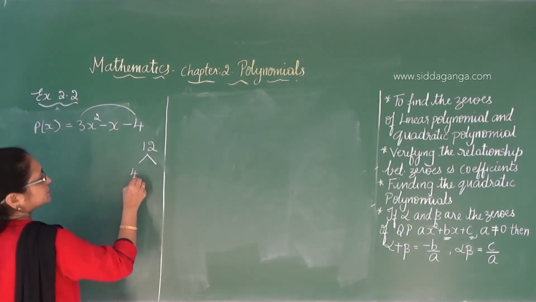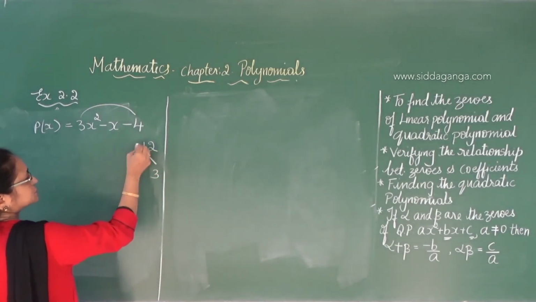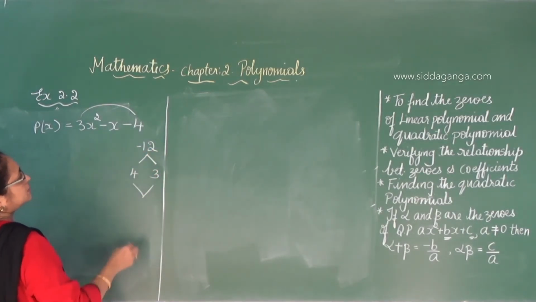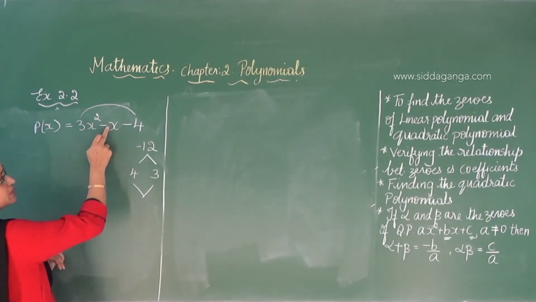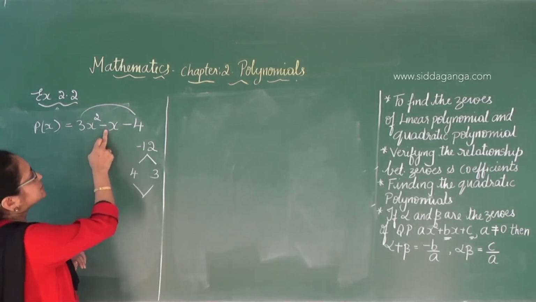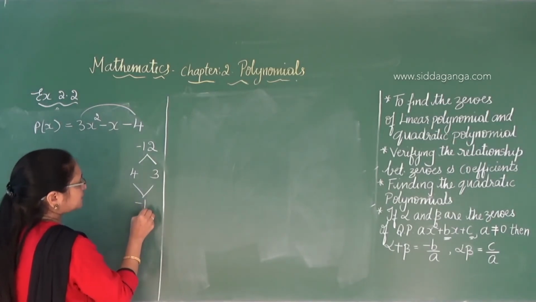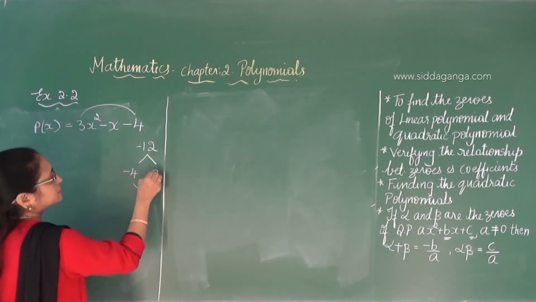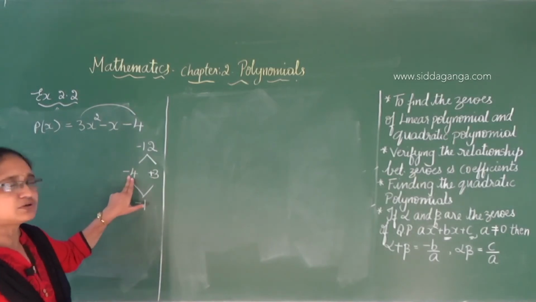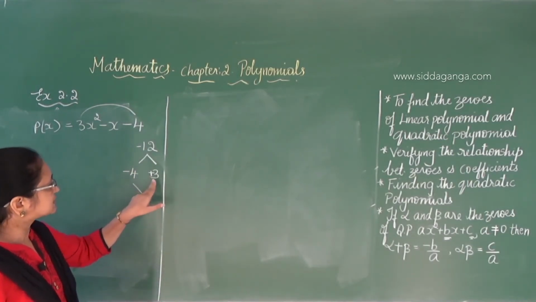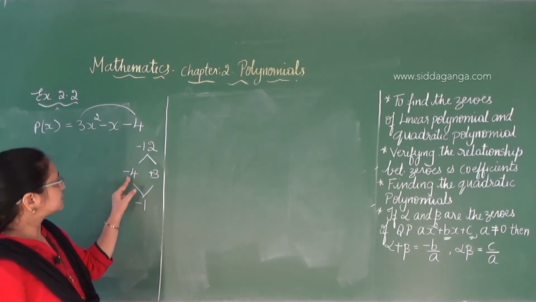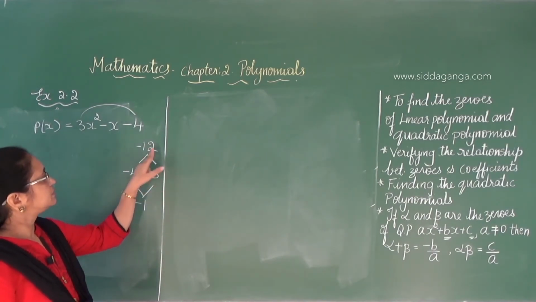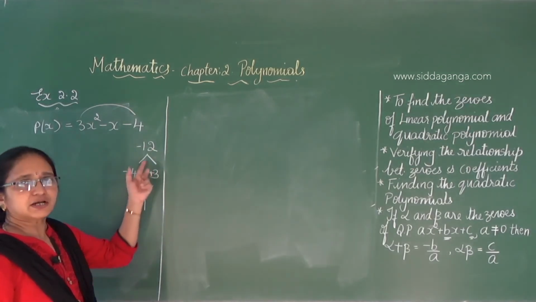We want minus 12, and here I want minus 1. See, if the numerical coefficient is minus 1, then I need to write minus 4 plus 3. Minus 4 plus 3 you will get minus 1, and minus 4 into 3 is minus 12, 4 3s are 12.